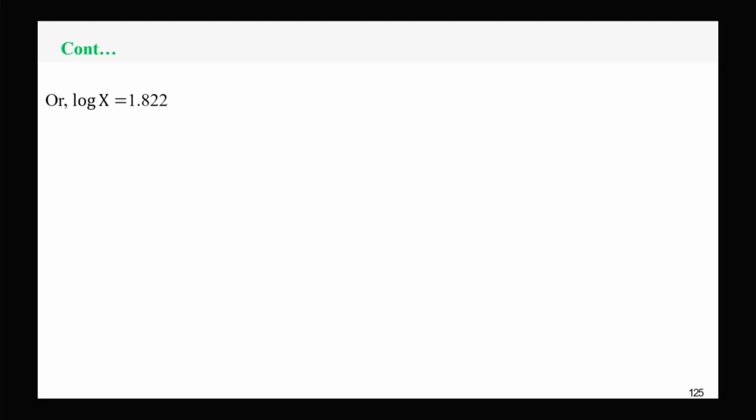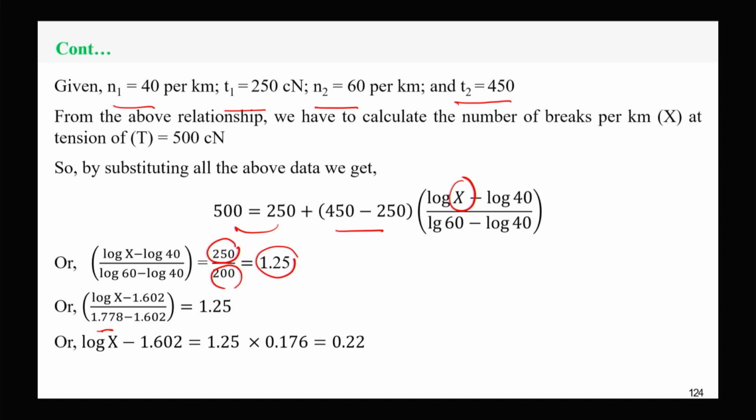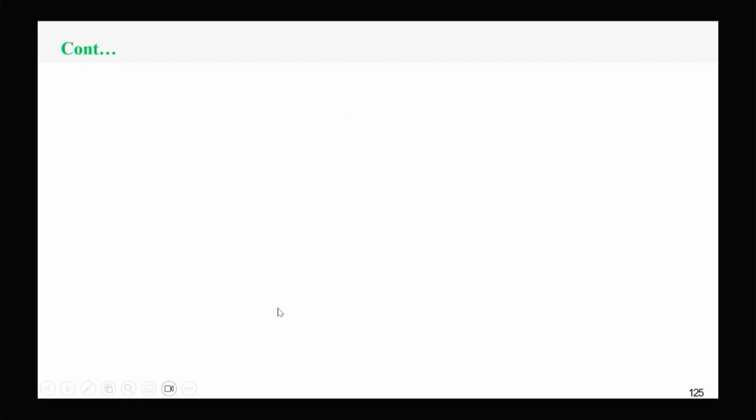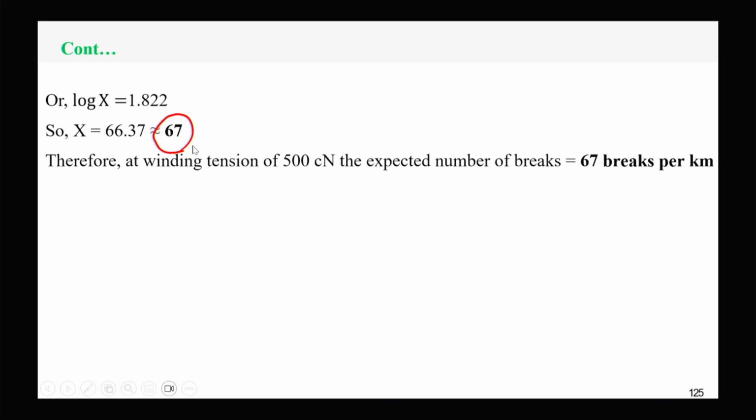Log x becomes 0.22 plus 1.602, so log x will be 1.822. From there we can calculate x is 67. So 67 breaks per kilometer will be there at 500 centinewton load.